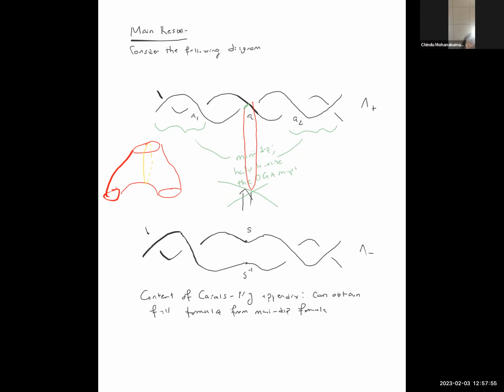Right. There's work by Rezhikov on how this sort of thing can be done in a non-orientable setting.